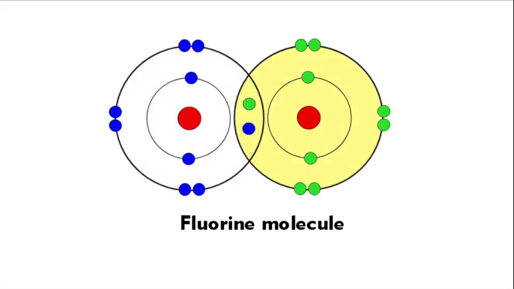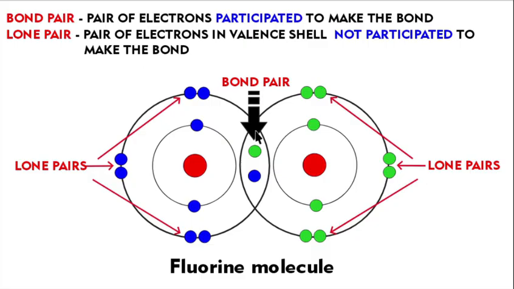Now they became stable, not by donating or gaining, but by sharing one electron from each. They have made an electron pair, common to both. So this is how they make covalent compounds, by sharing electrons, like an intersection in mathematics. Now certain terms are very important in covalent bonds.